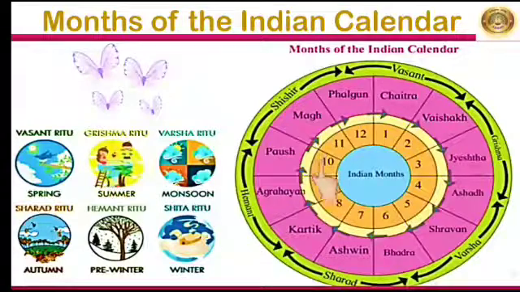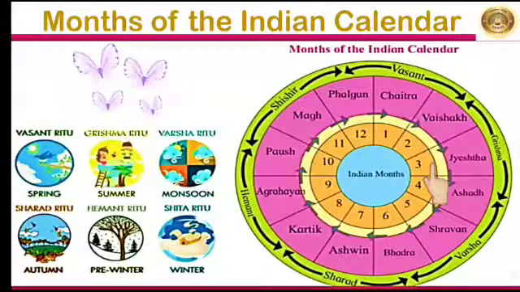The 10th month is Paush. The 11th month is Magh. The 12th month of the year is Falgun. Now children, we finished reading these months of the Indian calendar.